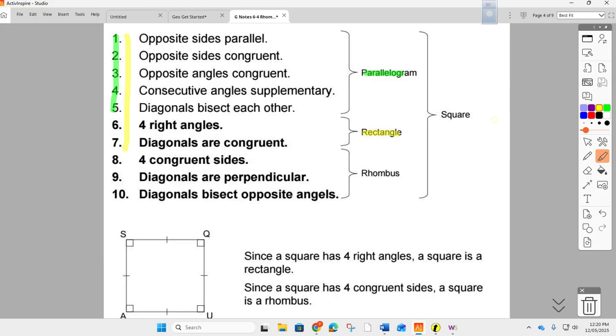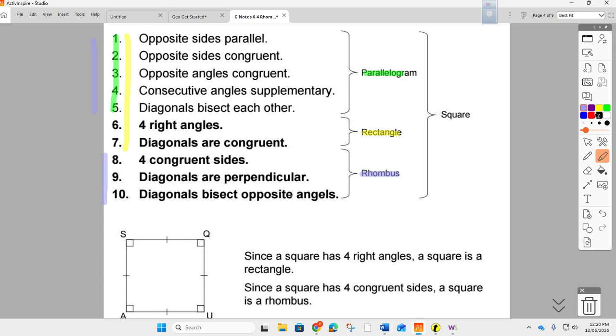The rhombus here has all of the properties of a parallelogram, and then it has four congruent sides, diagonals are perpendicular, and diagonals bisect opposite angles. This is angles. It does not bisect any angles. I promise you, it is angles. Let me correct that.